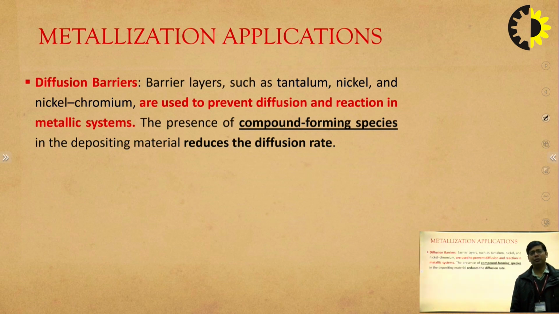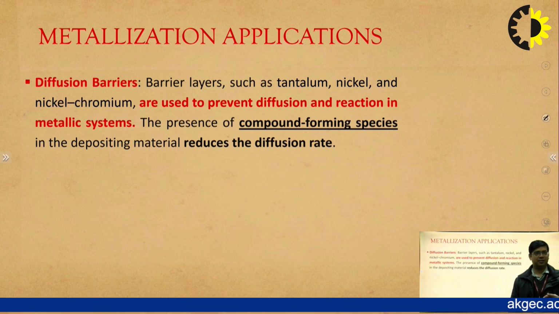If this diffusion is undesired, it has bad consequences for our IC. It can lead to poor IC design, poor IC outputs. So it should be discouraged and avoided, and it can be avoided if we use diffusion barriers.